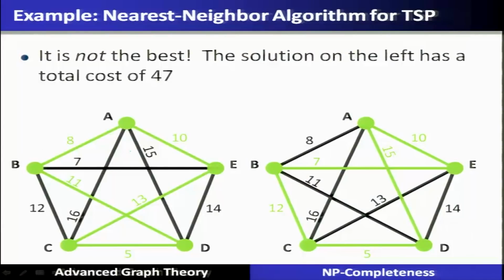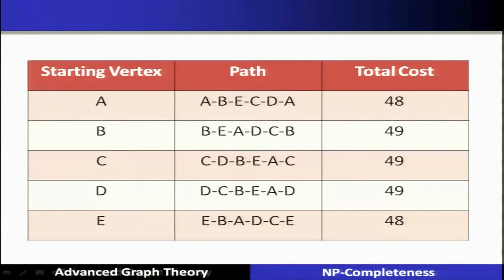If we choose another starting point, then the cost can also come down to 47. So in this case, if we choose different starting vertices and use the nearest neighbor heuristic, the total costs come out to be 48, 49, 49, 48. So the minimum is 48.